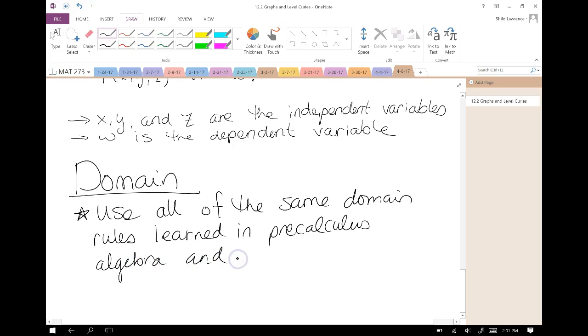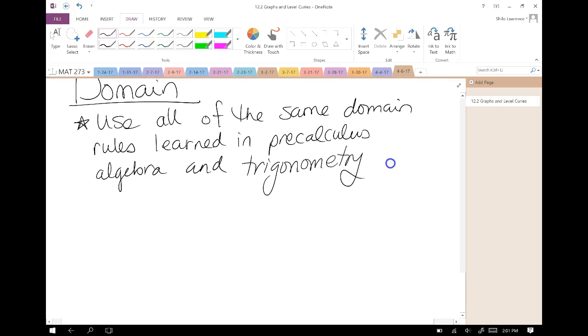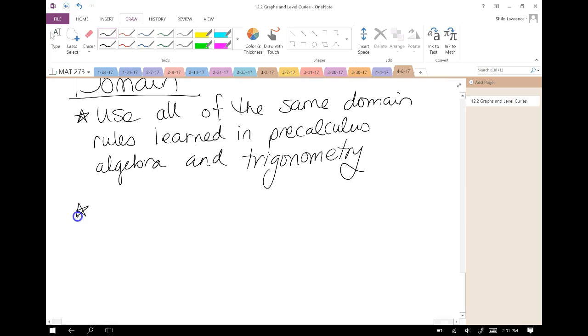We're still going to be using all of those same domain rules that we learned in pre-calculus, algebra and trigonometry. We reviewed them a little bit when we started talking about domain of a vector valued function. What I talked about at the end of class on Tuesday is what's going to be a little bit different here.